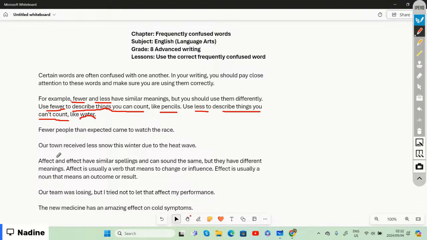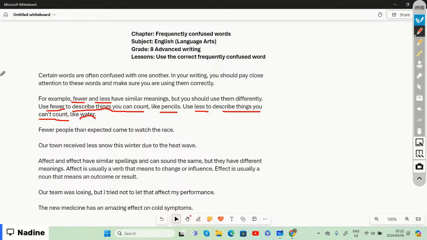We use the word few if we want to count people, pins, bowls, desks, chairs, right? But we use the word less if we're talking about snow or rain or hail, right? Things that we cannot count, or even water. You cannot count water.